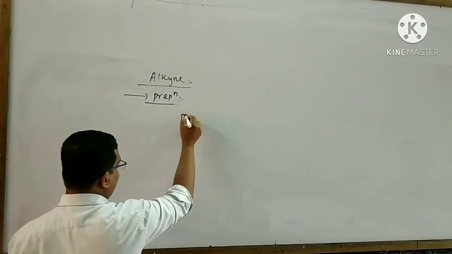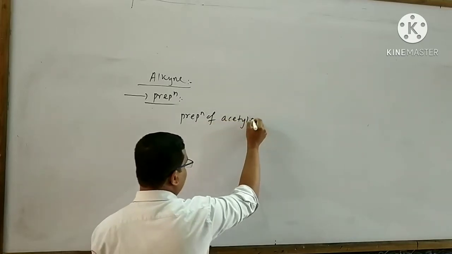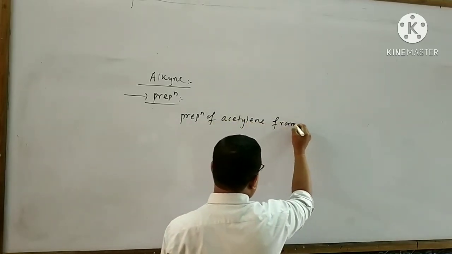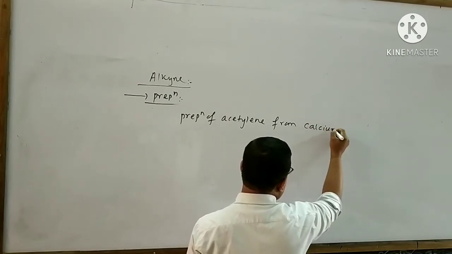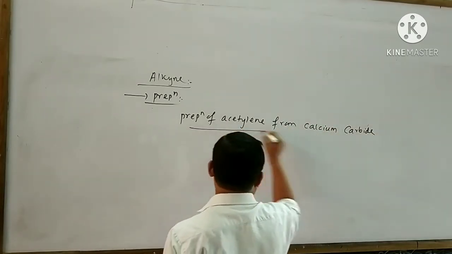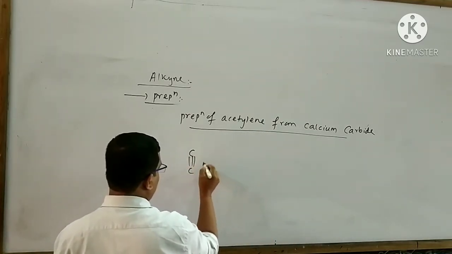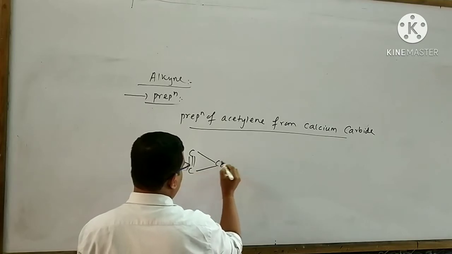Next I will explain about the preparation of acetylene from calcium carbide. The structure of calcium carbide is drawn like this.